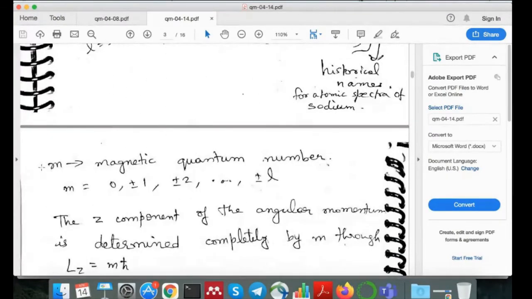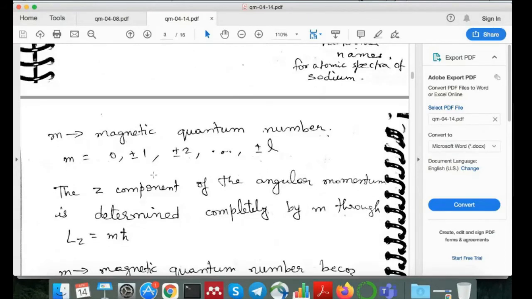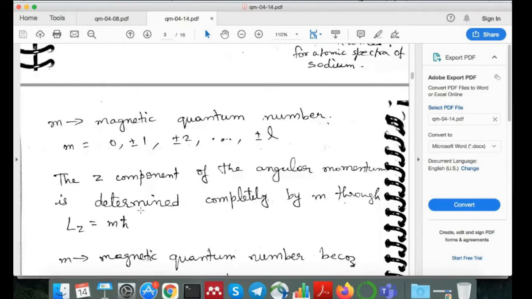Now the third quantum number is M. M is the magnetic quantum number, and it goes from minus L to plus L. So there are a total of 2L plus 1 M values for every value of L. This also refers to the angular momentum.